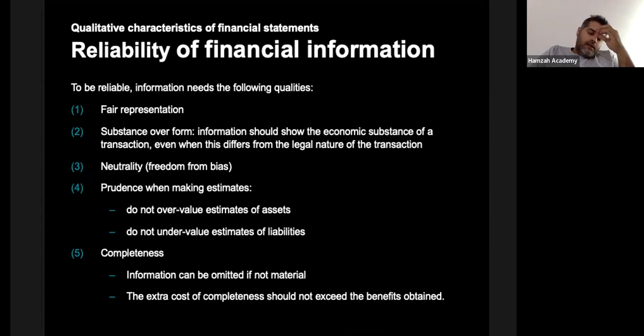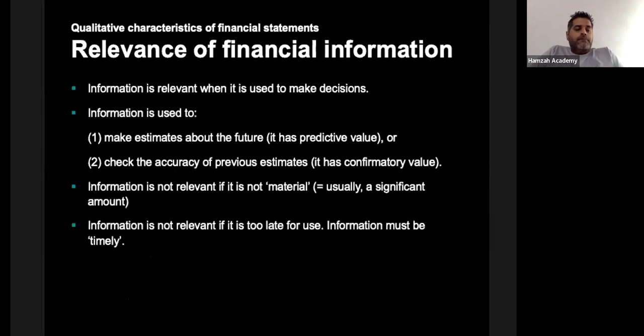So this is applied here as well: the extra cost you pay for the information should be weighed against the benefit you get from it. So this is something you have to keep in mind. The cost should not be extra compared to the relevant benefit extracted from it.